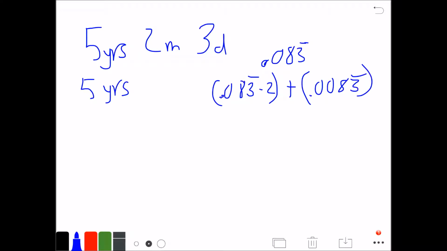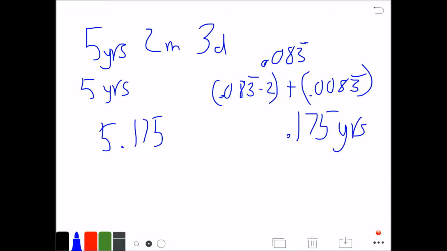And you actually get a very nice number if you add this up, which is 0.175 years. So your time in total is 5.175 years.